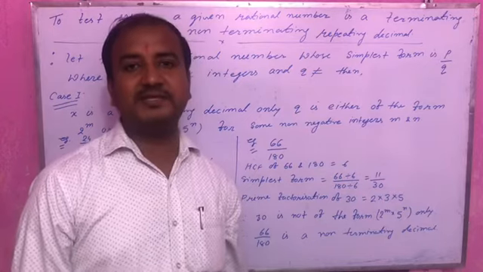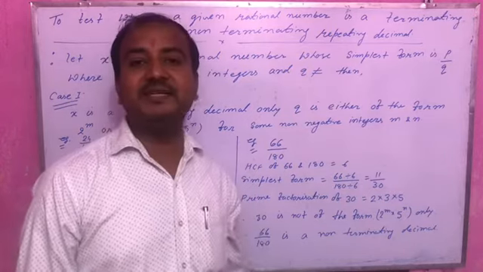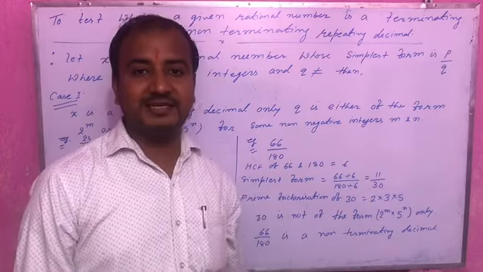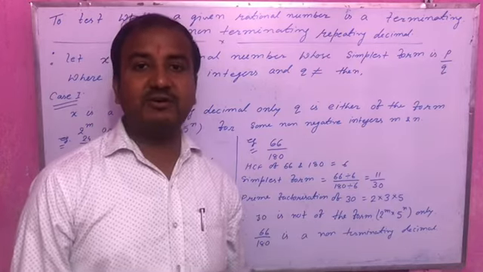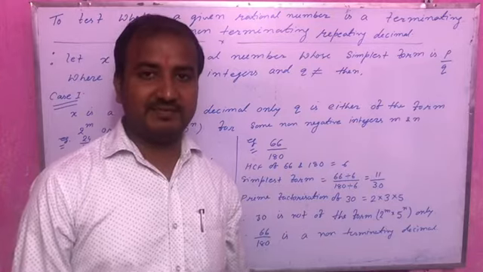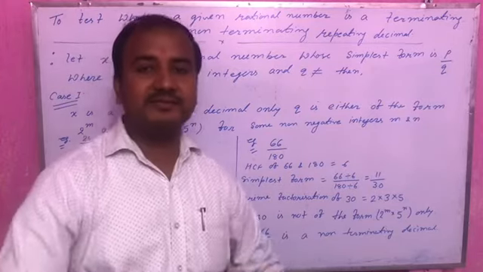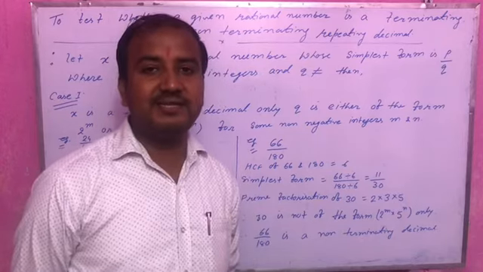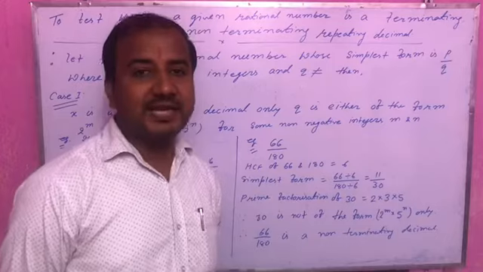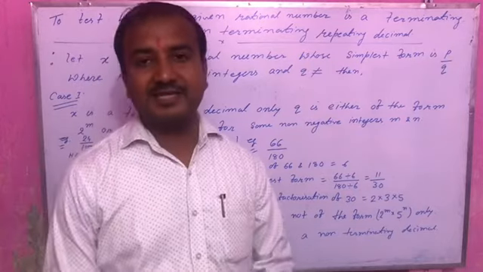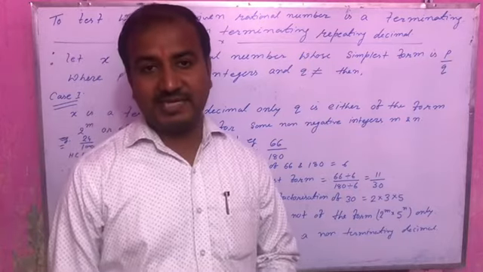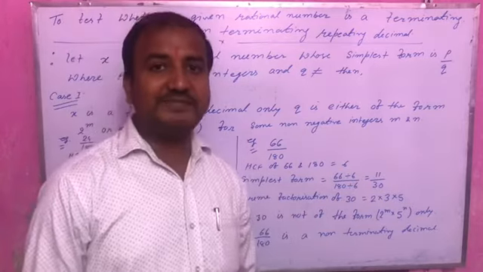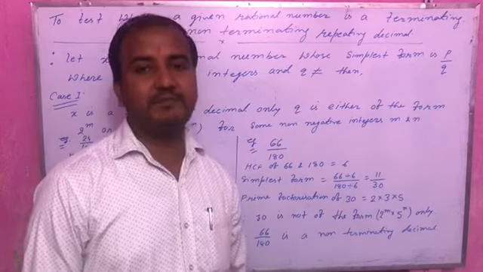regarding decimal expansion, regarding non-terminating decimal expansion, having two cases: non-terminating repeating decimal and non-terminating non-repeating decimal. Actually, what we had seen in our previous classes regarding decimal expansion is that a rational number has either a terminating decimal or a non-terminating repeating decimal.